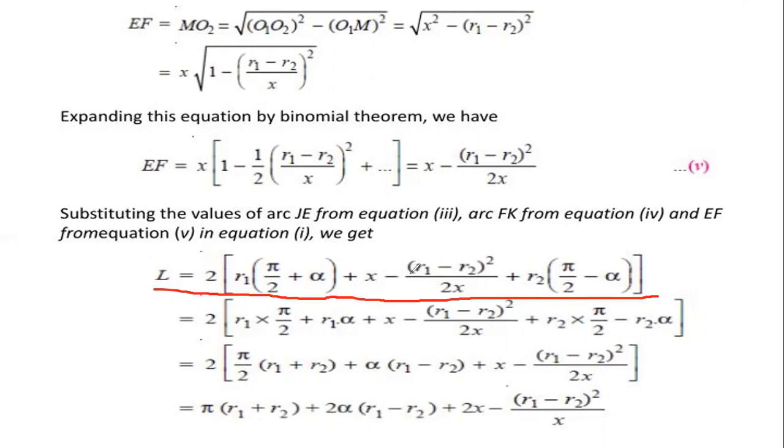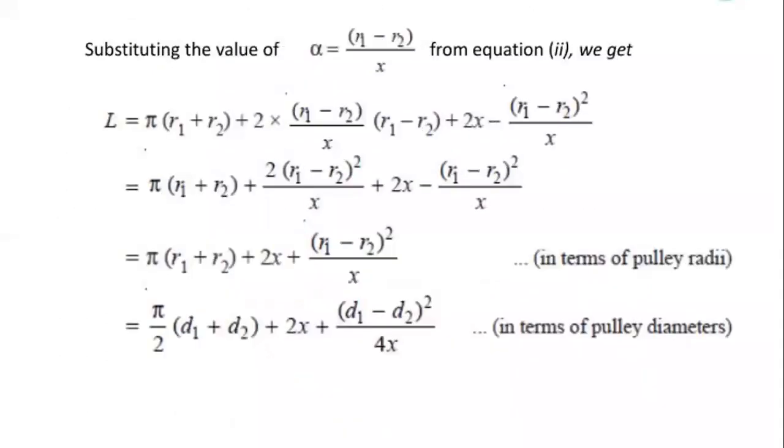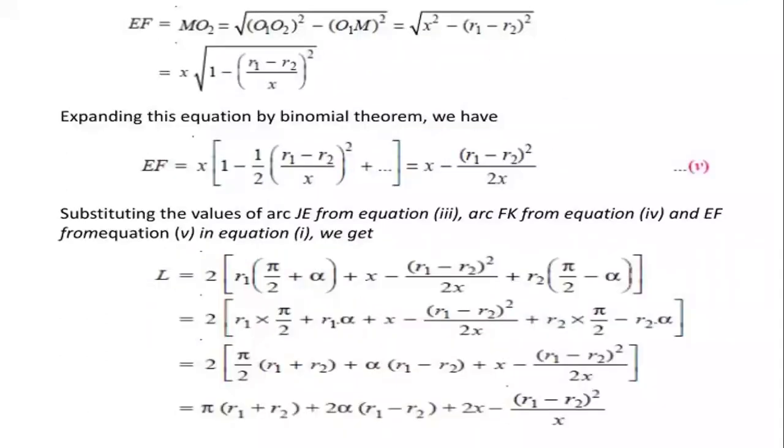Then after consideration, we are going to change this equation. In here we got pi into R1 minus R2 plus 2 alpha into R1 minus R2 plus 2x minus R1 minus R2 whole square by x.